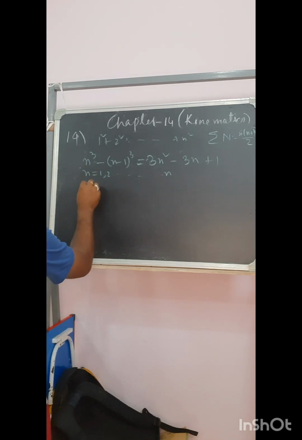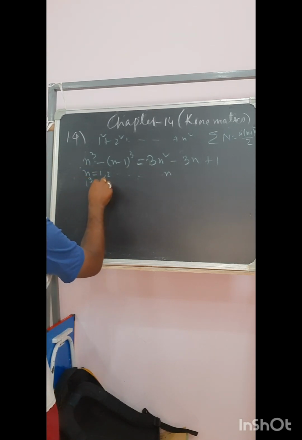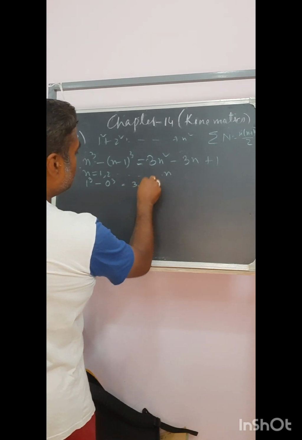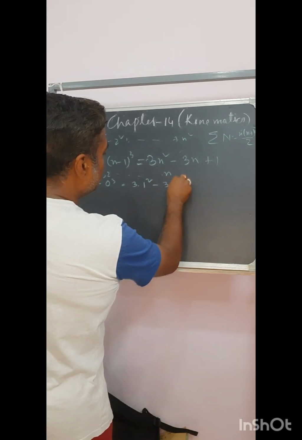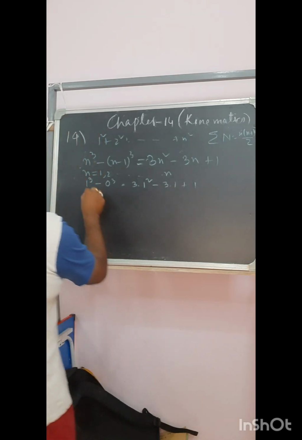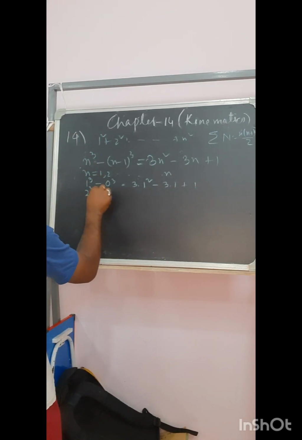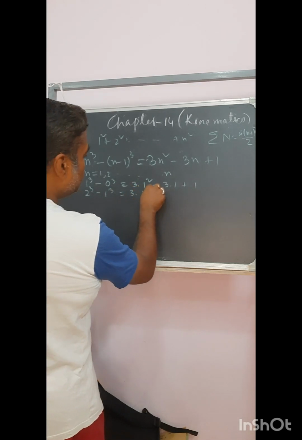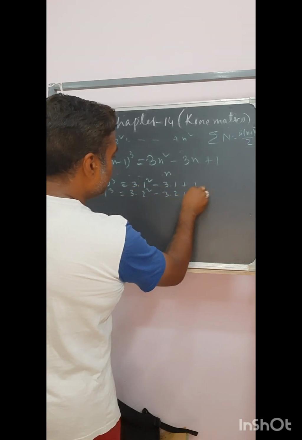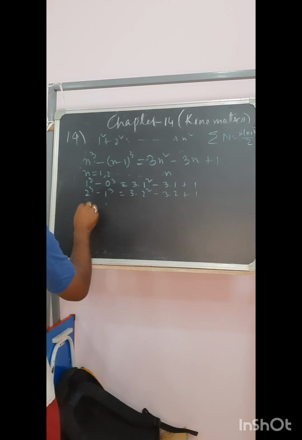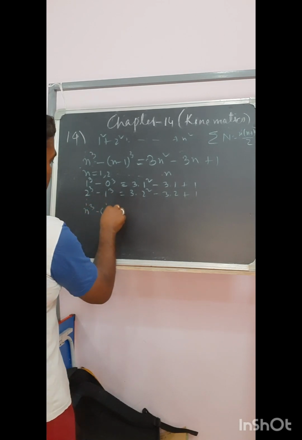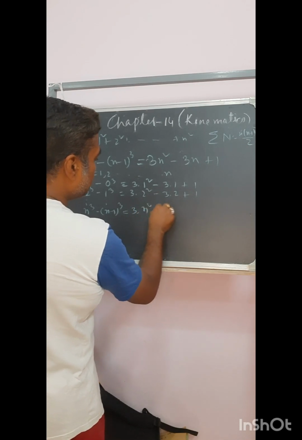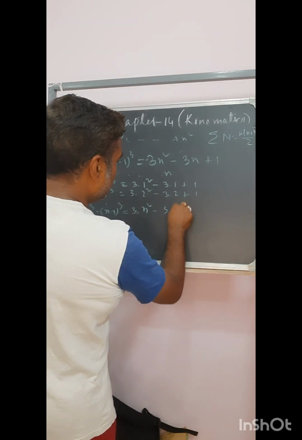If I put consecutively, first term will come 1 cube minus 0 cube equals 3 into 1 square minus 3 into 1 plus 1. If I put 2, 2 cube minus 1 cube equals 3 into 2 square minus 3 into 2 plus 1. Likewise, n cube minus n minus 1 whole cube is equal to 3 into n square minus 3 into n plus 1.